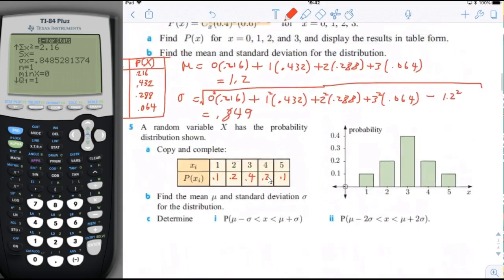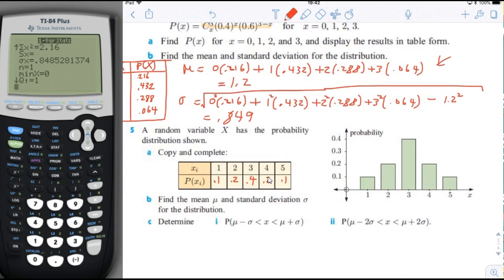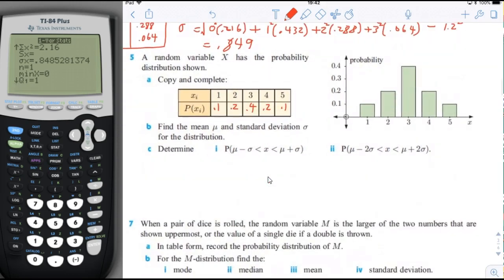Basically, you have two choices. One is to write these equations out, and the other is to just use the calculator. If you're going to write the equations out, you're going to multiply 1 times 0.1 and 2 times 0.2 and so on, right?